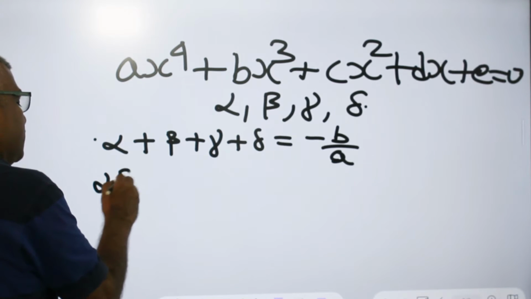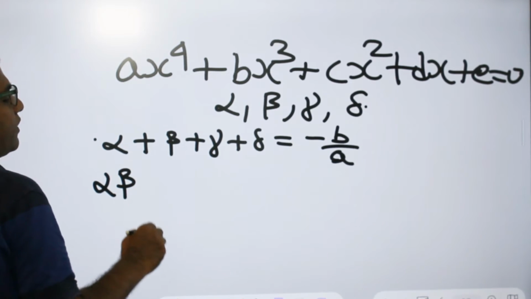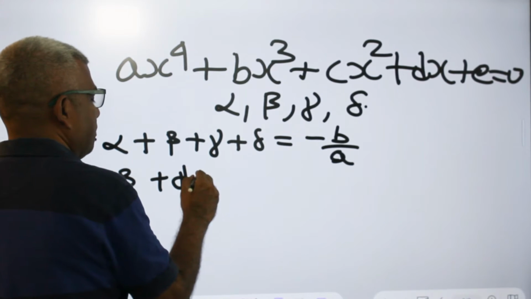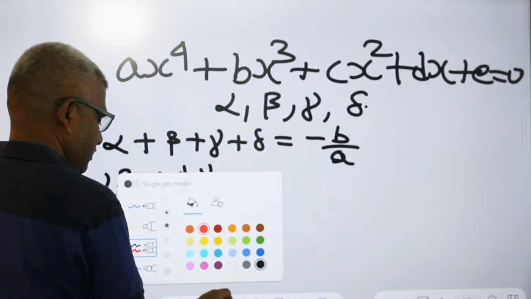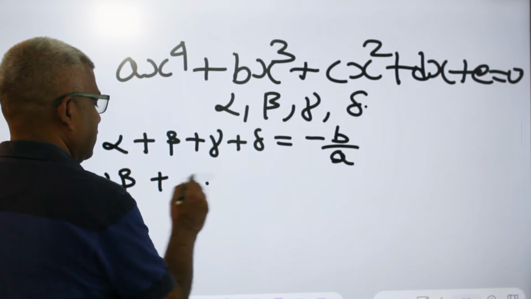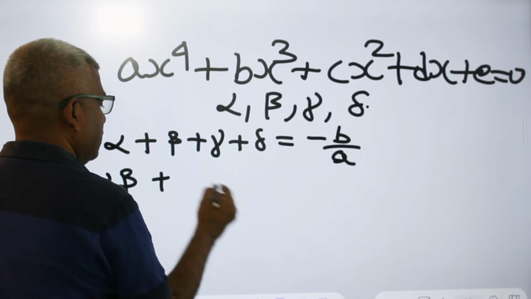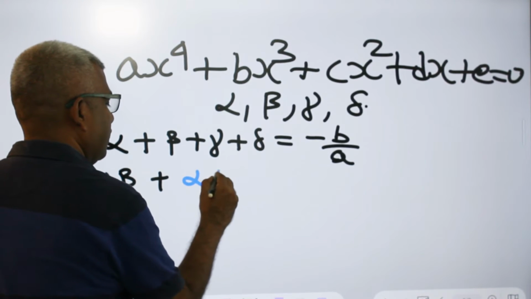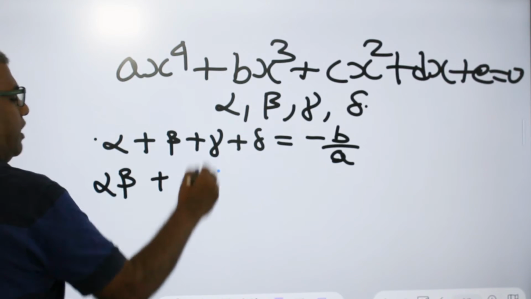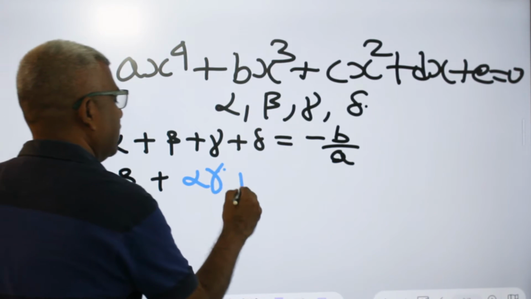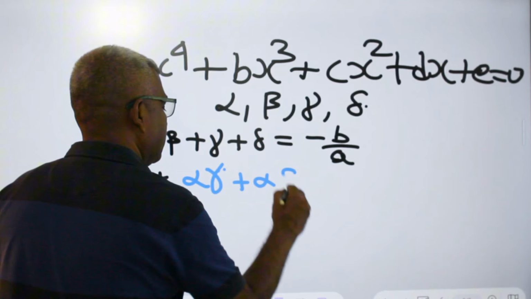Now two roots: alpha beta, alpha gamma, then alpha delta.